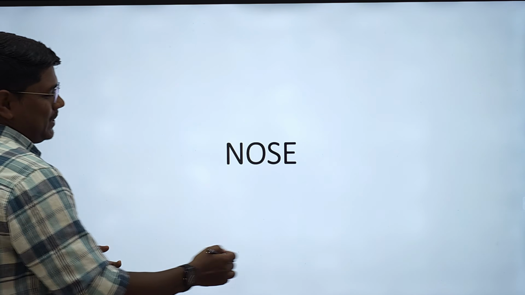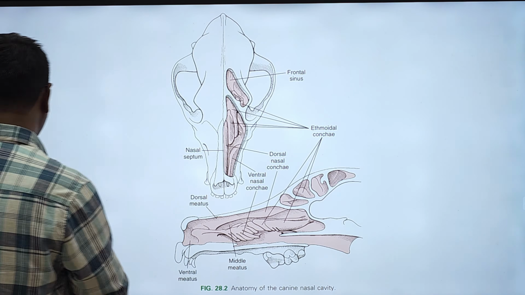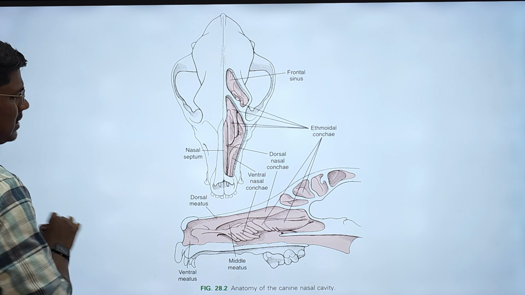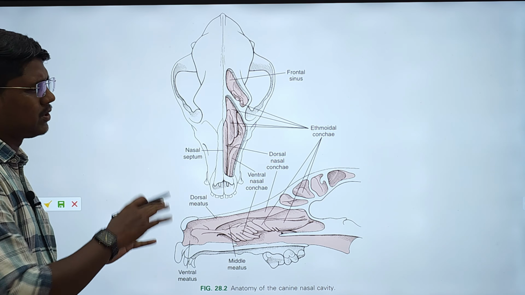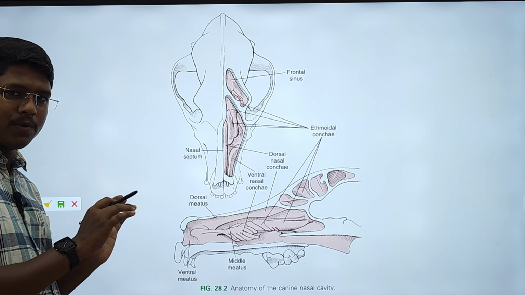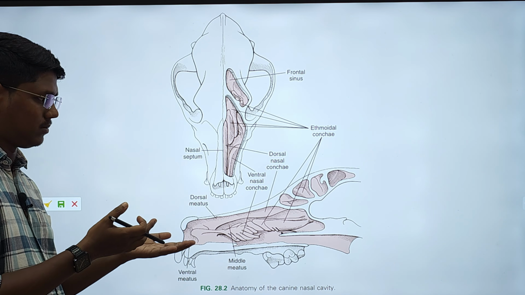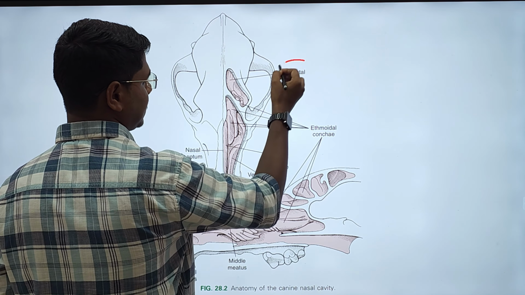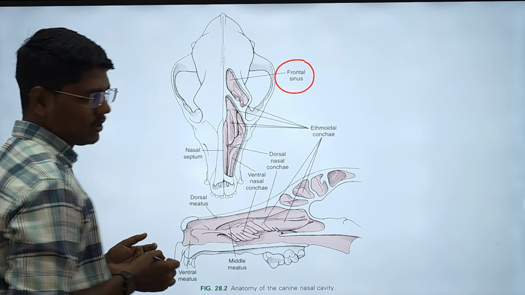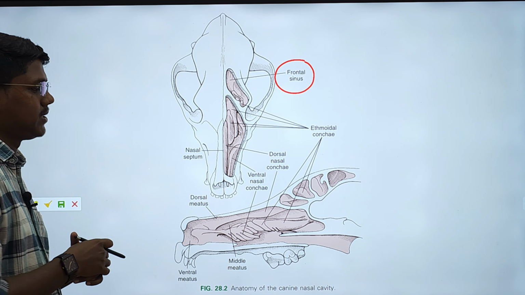So first one, the nose. This is the anatomy of the nose. There are many more details, but from the lecture point of view, I am giving some brief anatomy. The important one is the frontal sinus, because there is a surgical condition of the frontal sinus.